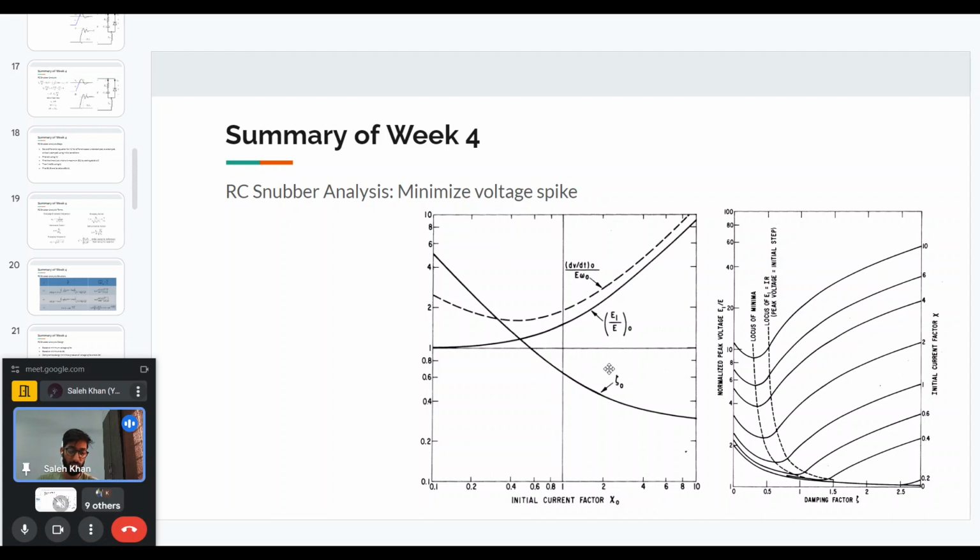If you have a PCB, there are some software tools which will give you the parasitic inductance based on the trace width, the copper width, and the length of the trace. All these things, if you give them to the software, it will provide you with the parasitic inductance. And for the device, it may be the case that the manufacturer will give you how much is the parasitic inductance in the device.